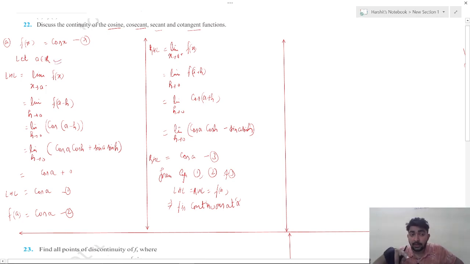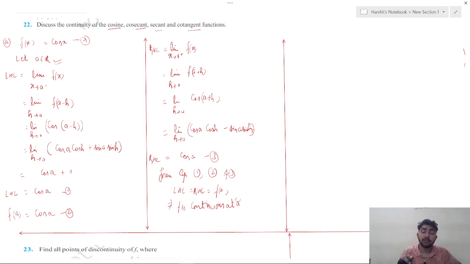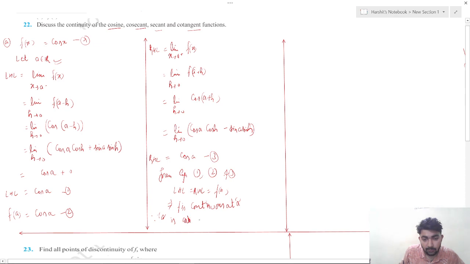If a is an arbitrary real number and f is continuous at a, we can imply that it is true for all a. So in general we write: since a is an arbitrary real number, this implies f is continuous on R.